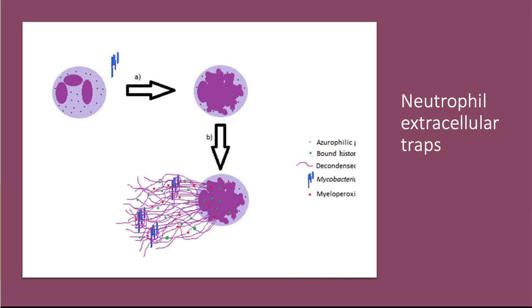Neutrophil extracellular traps, or NETs, are extracellular fibrillar networks that concentrate antimicrobial substances at sites of infection and prevent the spread of the microbes by trapping them in the fibrils.